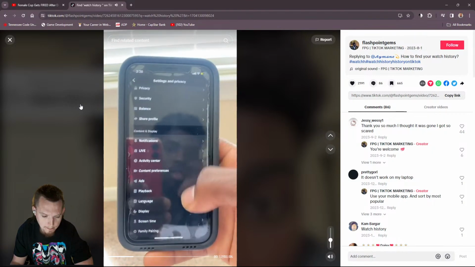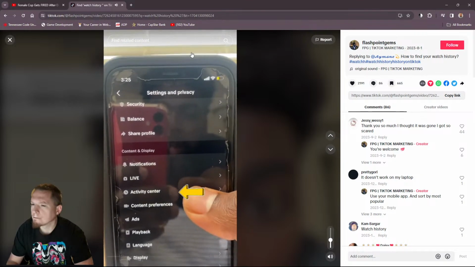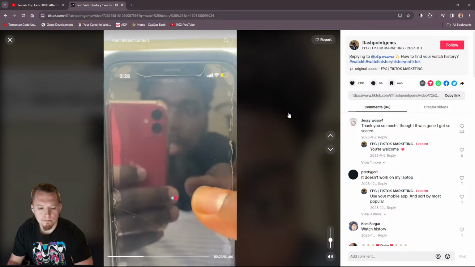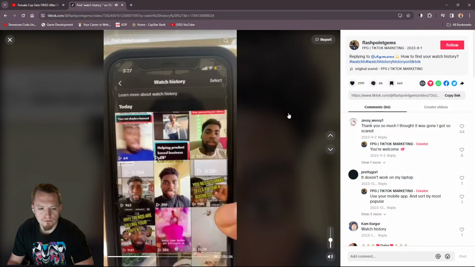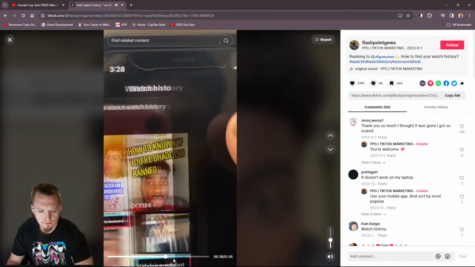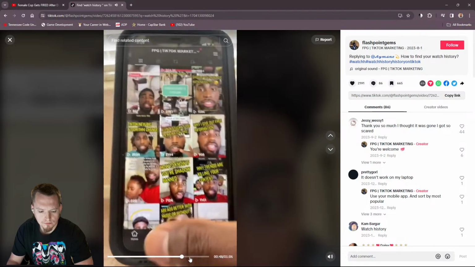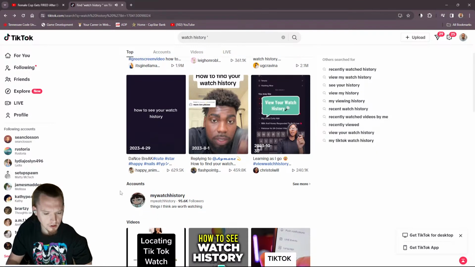Once you go to settings, you can scroll down. It's called Activity Center now, but you can also go to Watch History. Click that, and then you're going to see Comment History and Watch History. That's useless to me.